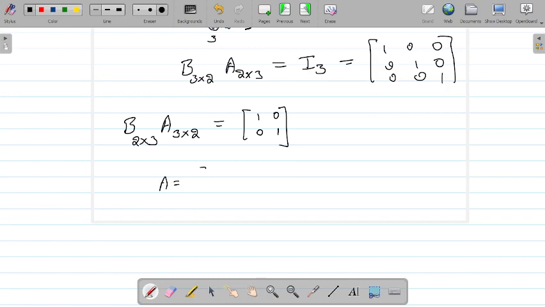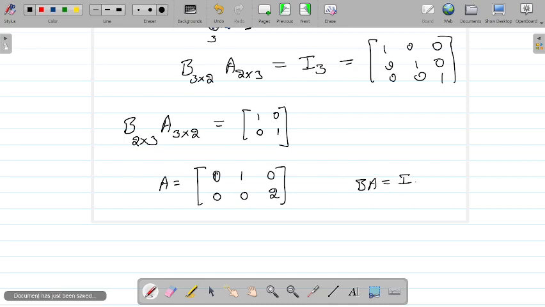Okay, let me give you an example. Let's say A is 1, 0, 1, 0, 0, 0, 2. So this is a 3 by 2 matrix, right? Now can you think of B for which B into A equal to the 2 by 2 identity matrix? Means you should tell me what must be that B. Let's say B equal to, so I need definitely a 2 by 3 matrix.